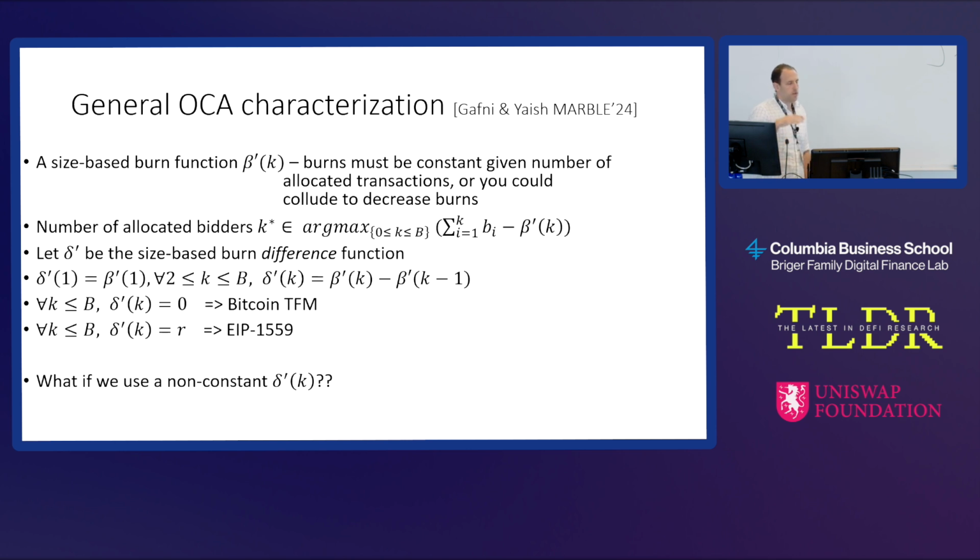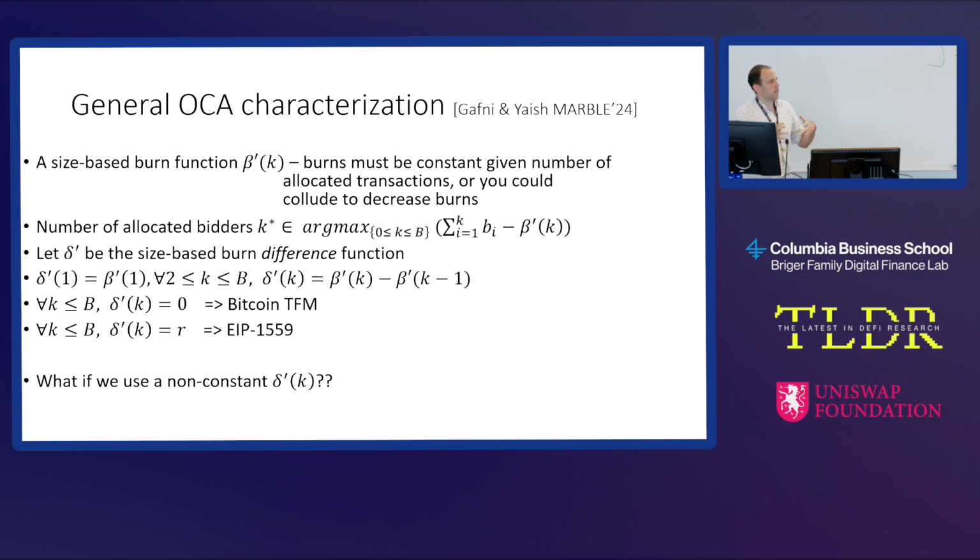Okay, so when you characterize OCA auctions, you find that one thing you have to stick to is constant burns. Why? Because if there was a way to reduce burn, to have the same bidders allocated but reduce the burn, then they would all cooperate to pretend to be in this alternative world with the lower burn.